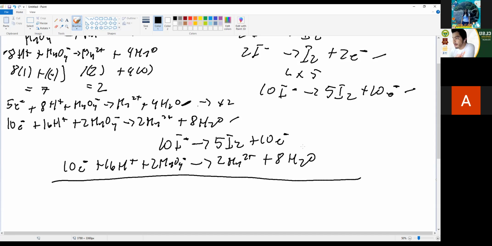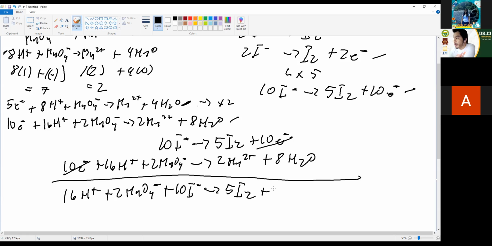So, total, cancel yung 10 electrons. Hindi na-cancel yung water saka yung hydrogen. So, we will write that as is. 16H plus 2 MnO4 negative plus 10 iodine negative will yield 5 iodine plus 2 Mn2 plus 8 H2O.